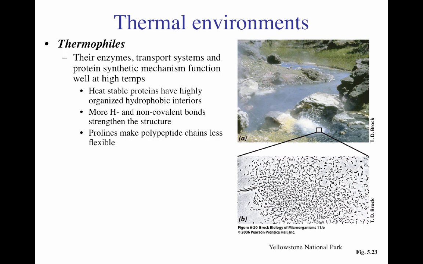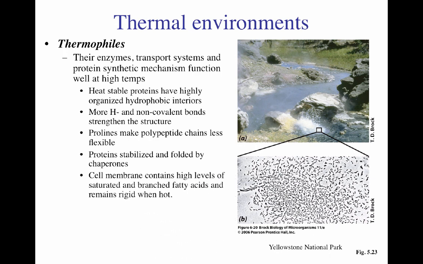You have prolines that make polypeptide chains less flexible so they don't vibrate as much. And the proteins are stabilized and folded often by the presence of chaperones, which are going to keep them in a stable conformation. Now, the cell membranes are going to have a high level of saturated and branched fatty acids that are going to remain rigid when hot, maintaining the fluidity of the membrane compatible with the temperature.